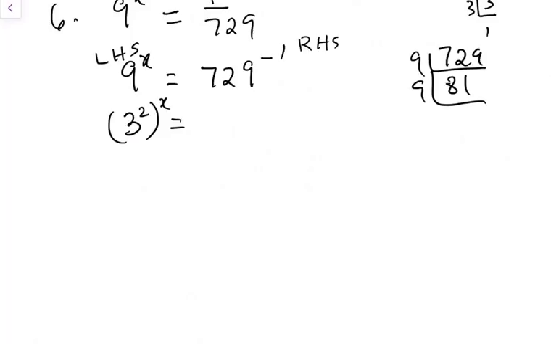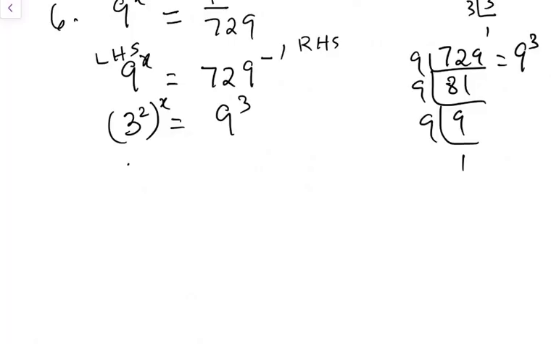And 9 will go in 81 9 times, and 9 times 9 is 81. So we have 9 raised to the power 3. That is one way. So we have 9 to the power of 3. We have really brought 729 down.